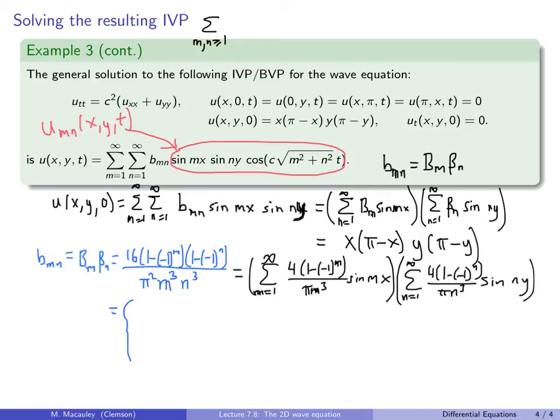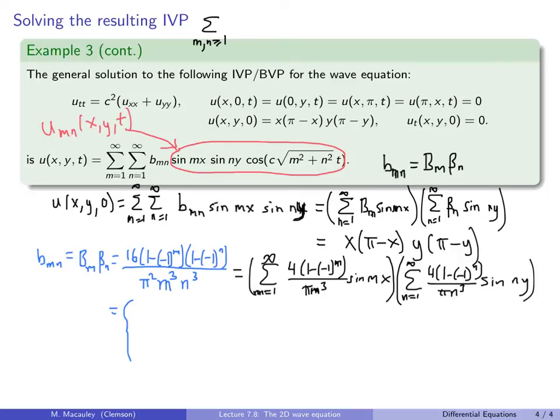So what is this thing? We can actually reduce this. This thing on top, if m is even, this is 0, and if n is even, this is 0. Otherwise, this is 2 and that is 2. So the whole top is 64. So this is 16 times something that's either 0 or 2 times something that's 0 or 2.